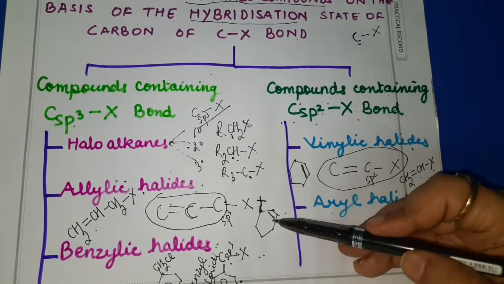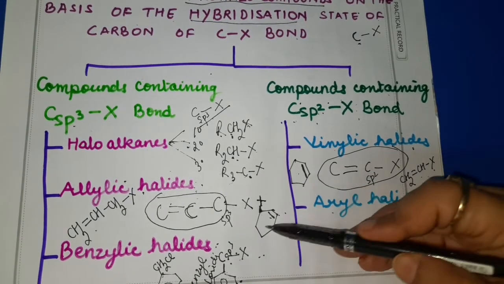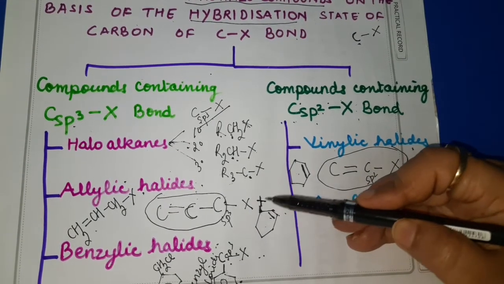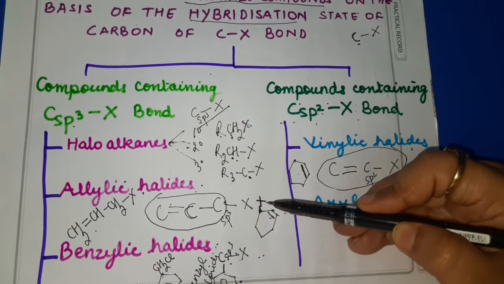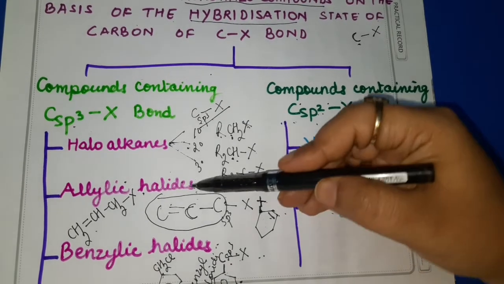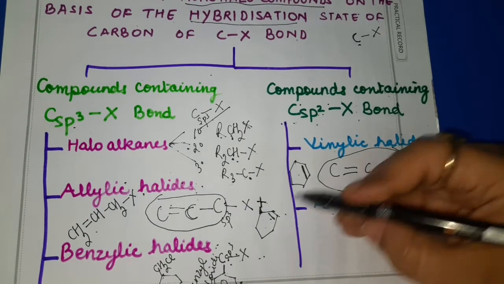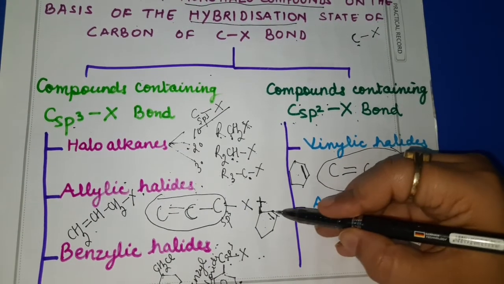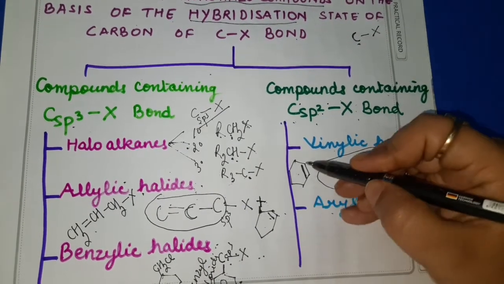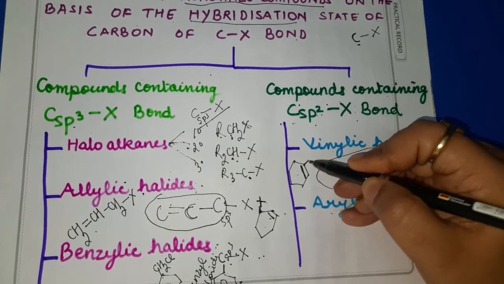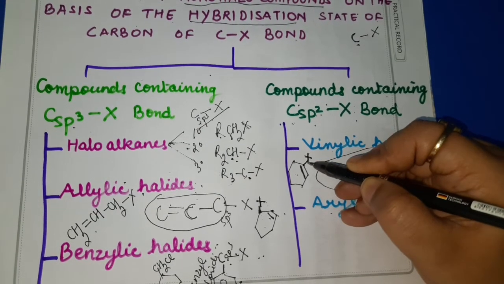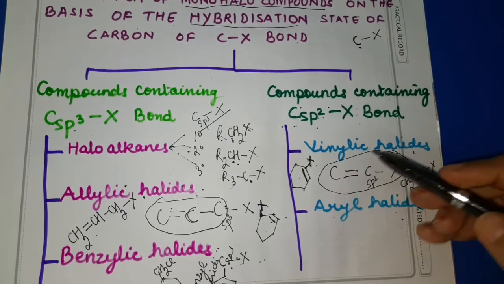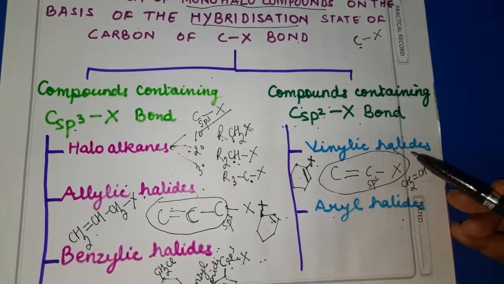I am going to compare these two examples. Here X was attached to the sp3 hybridized carbon, so this became the example of allylic halide. But here, if this X, in place of attaching itself to the sp3 hybridized carbon, attaches itself to the sp2 hybridized carbon, then this becomes the example of vinylic halides.